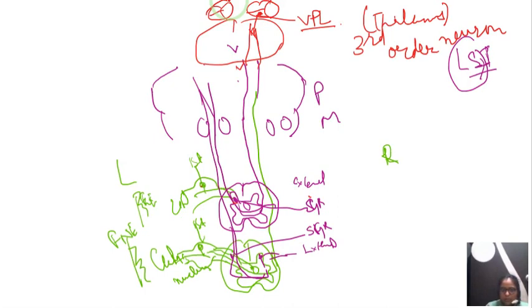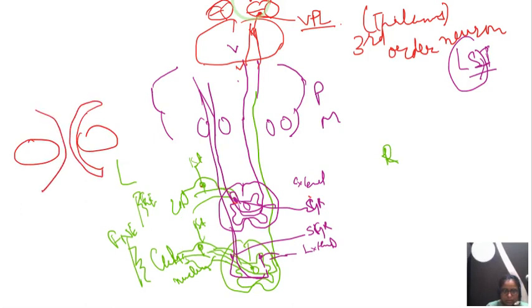Fine. So after reaching the thalamus, what is the destination of it? I'll draw here. This is the thalamus, and this is your internal capsule.